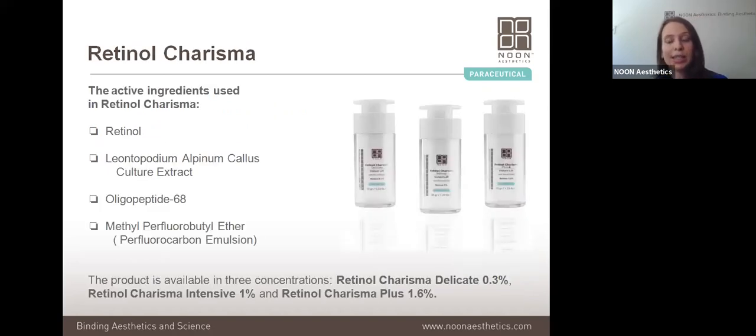Retinol, of course, the retinol charisma has special active ingredients in it, except for the retinol itself, which are the lantopodium extract that is fighting free radicals and supporting the retinol by stabilizing it.